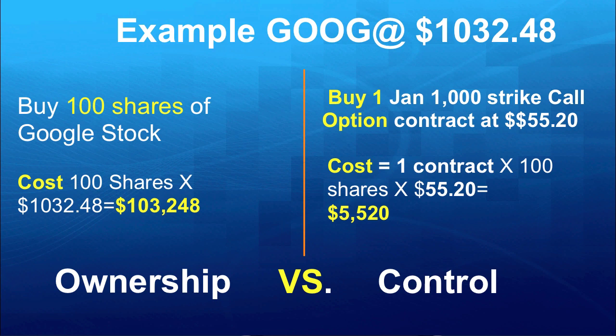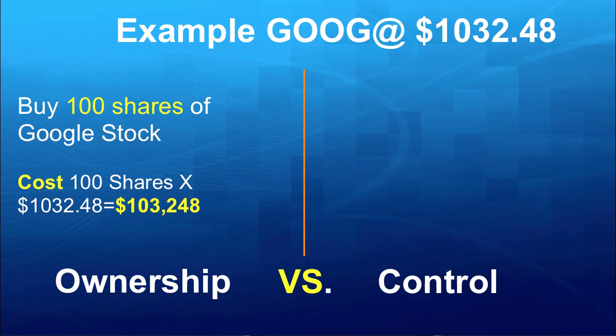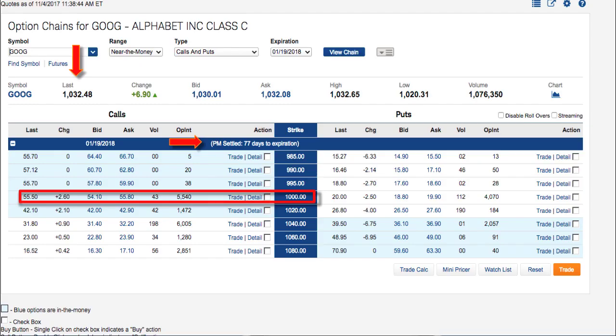One contract controls 100 shares times $55.20. Now let me just back up in case you're wondering where we're getting these numbers from. We got one contract at $55 that controls it at $1,000. We can buy it at $1,000. We got 77 days that we can control it for.